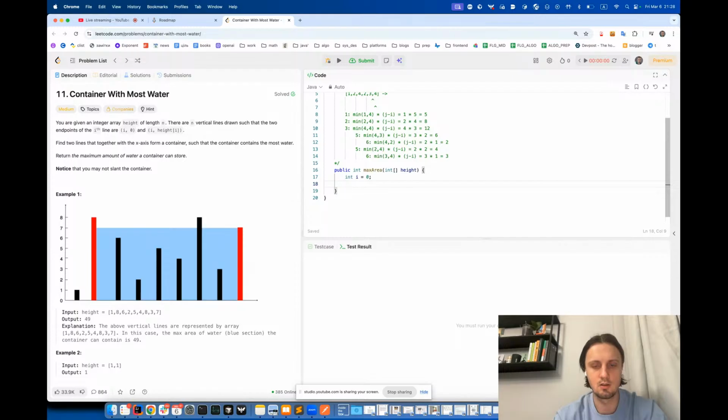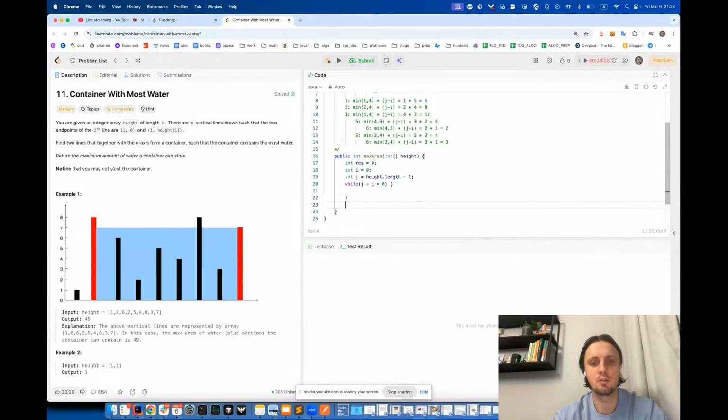So let's have 2 pointers, as we said, and while j minus i is greater than 0, we do this operation. Let's have our result, and let's return it.